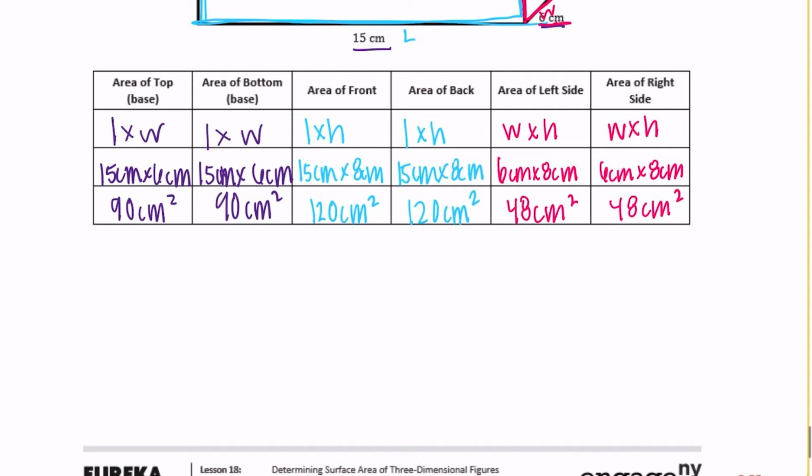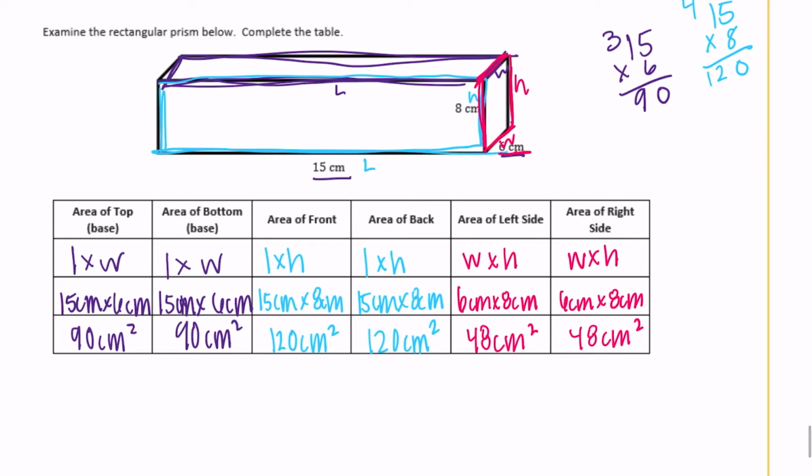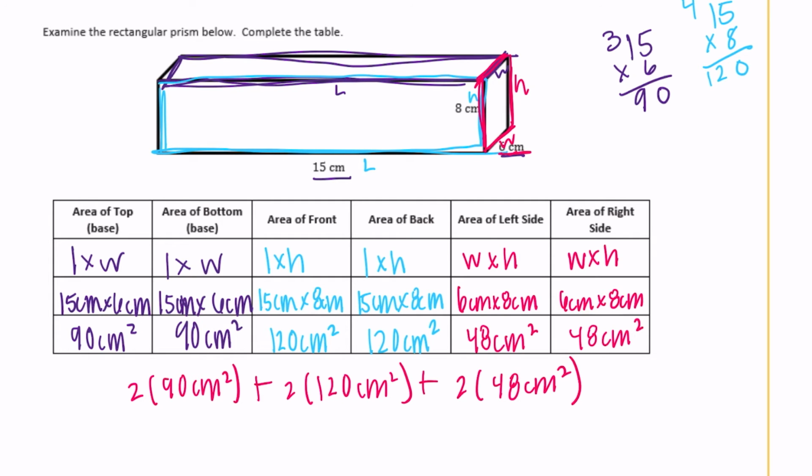So it doesn't ask us to find the whole surface area, but let's do it anyway because we found all of these. To find the surface area, all we're going to do is add all of those together. So we have two groups of 90 centimeters squared plus two groups of 120 centimeters squared plus two groups of 48 centimeters squared.